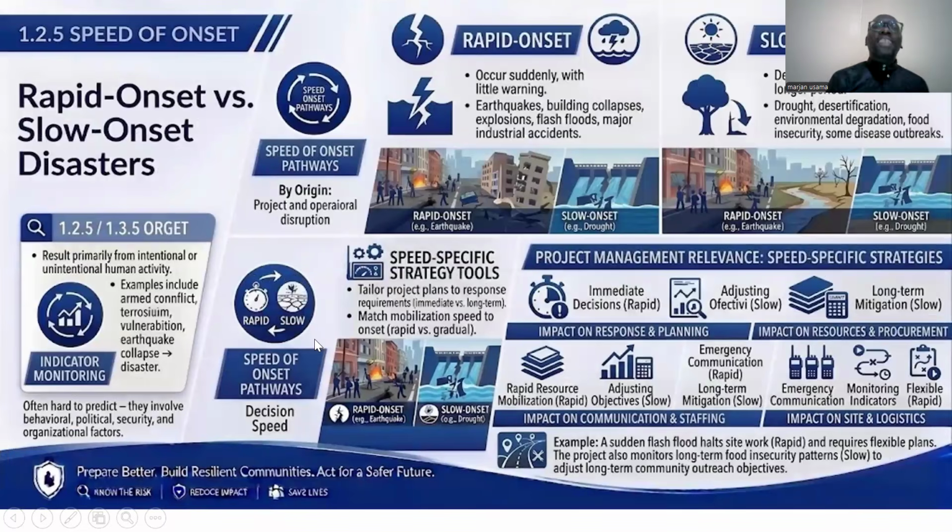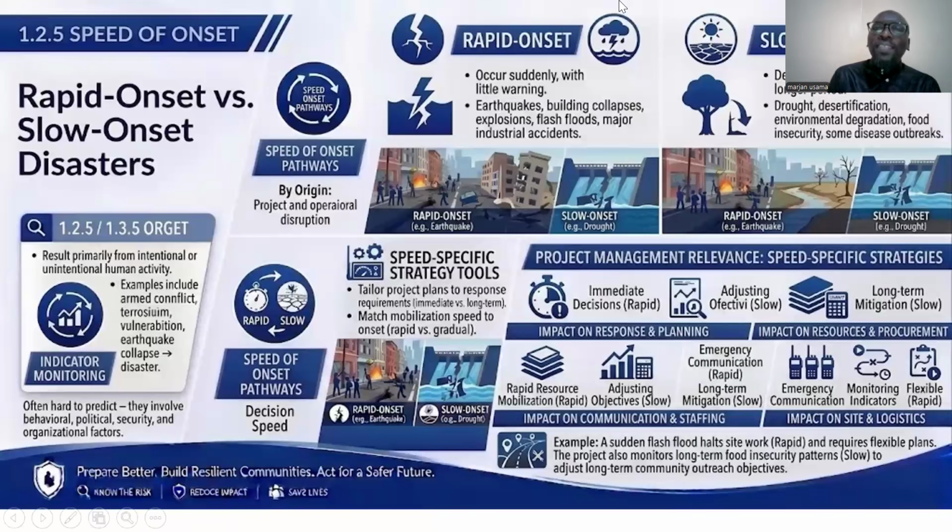Now, that is the first classification of disaster. The second classification of disaster is based on speed. So here we have two classifications. We have disasters that are rapid and we have disasters that are slow.